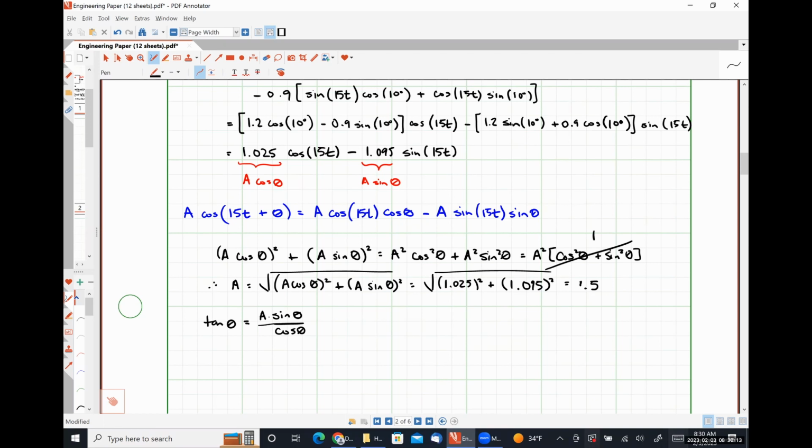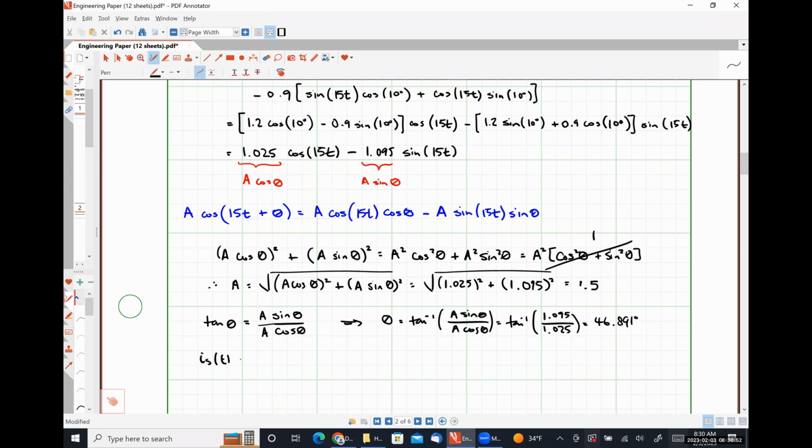Does it change anything if I have A sine theta over A cosine theta? Absolutely not. So from here, we can say that theta is simply the inverse tangent of A sine theta over A cosine theta, which is going to be the inverse tangent of 1.095 over 1.025, which comes out to be 46.891 degrees.